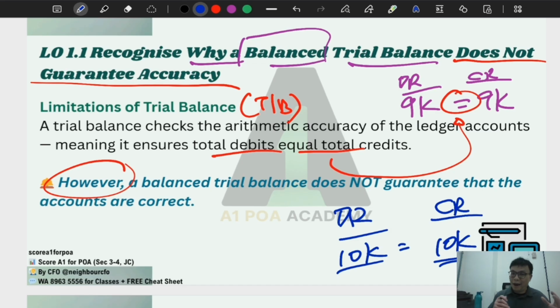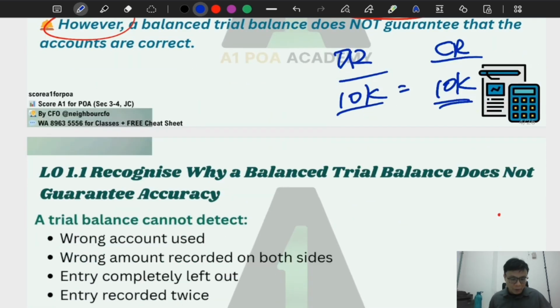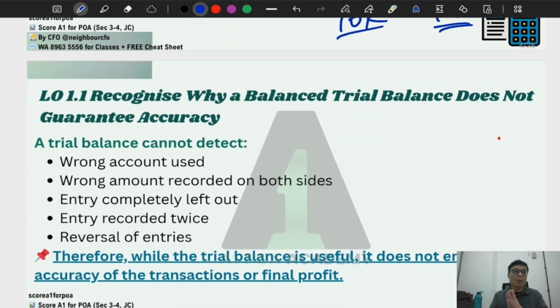It can be many errors, or just one careless mistake, one error, two errors. Whether you have many mistakes or just one or two, your trial balance is probably still going to balance. So we need to dive in a little further to understand. Let us go to the specific cases.